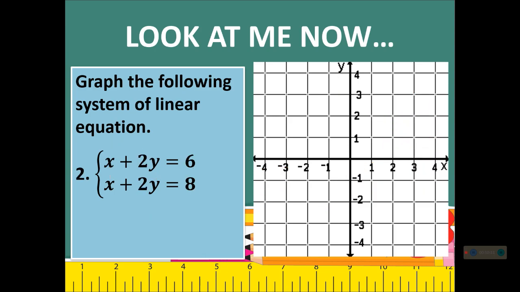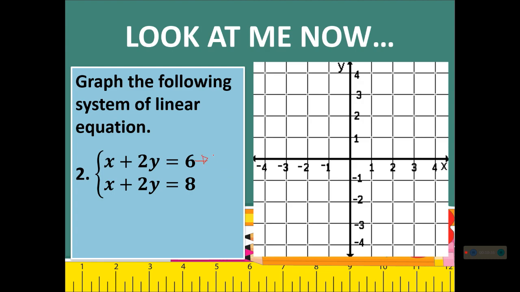Okay, so let's have the second one. We have here x plus 2y equals 6 and x plus 2y equals 8. So in this example, I used the other method, which is the slope-intercept method, wherein you are going to rewrite first our given equation in the slope-intercept form.